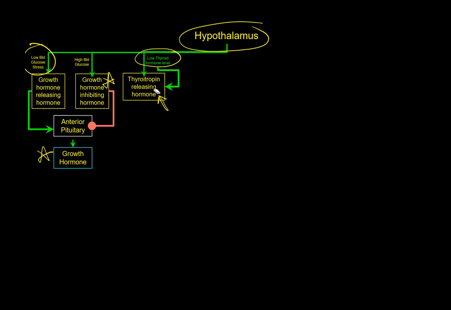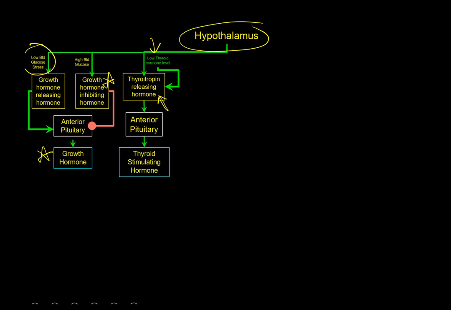Okay, so if you see tropin, that's what that means. So you've got low thyroid hormone, thyrotropin releasing hormone gets released. It again goes to the anterior pituitary and causes the release of thyroid stimulating hormone, which actually can be called thyrotropin. But thyroid stimulating hormone gives you an idea of what it does, so I like using that name better.